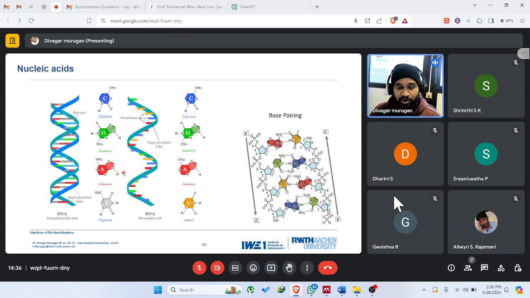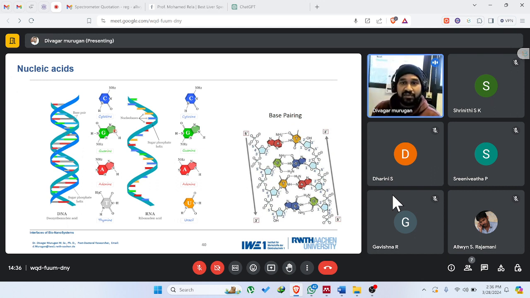So the first component of a biosensor is the biorecognition element, or the bioreceptor. The most widely used bioreceptors are two things: one is nucleic acid material, the other is protein molecules. What brings the specificity for these, in concern with the nucleic acid, is that we know nucleic acids can be classified into DNA and RNA. DNA is in a double helical structure which is held together through hydrogen bonds.